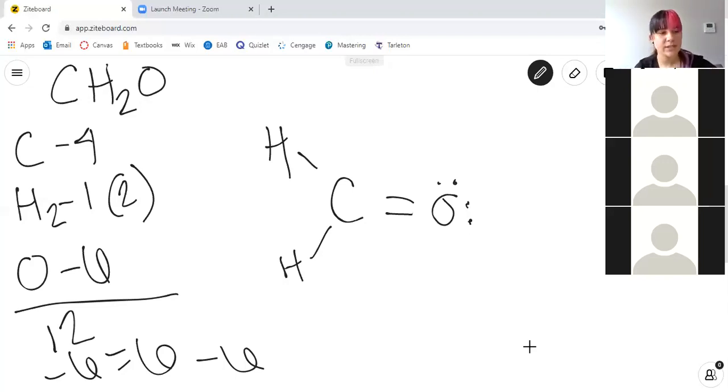So what is the electron domain geometry? Trigonal planar. What's the hybridization? I keep forgetting.